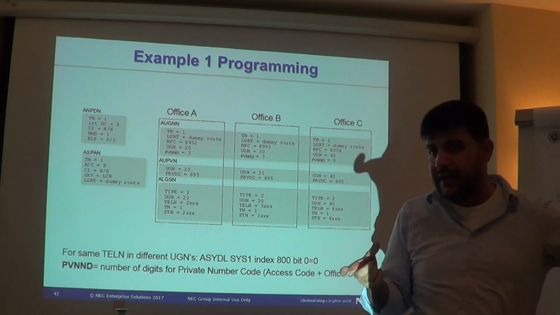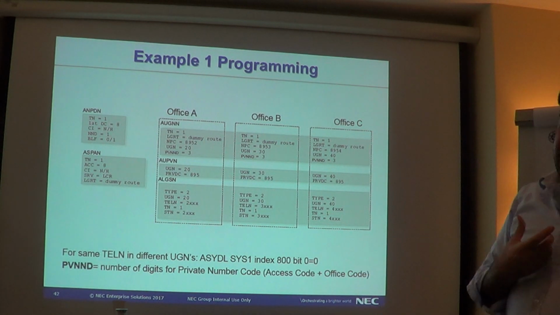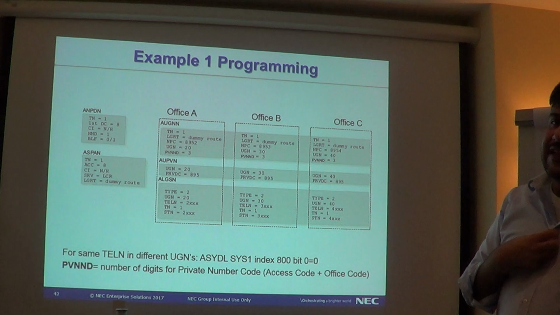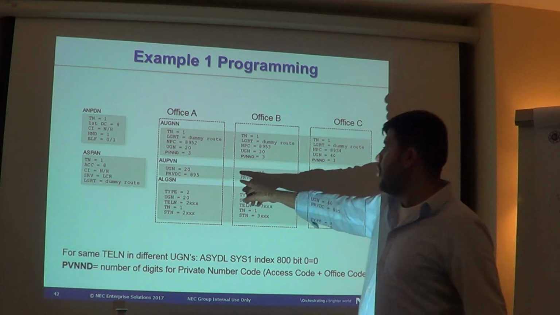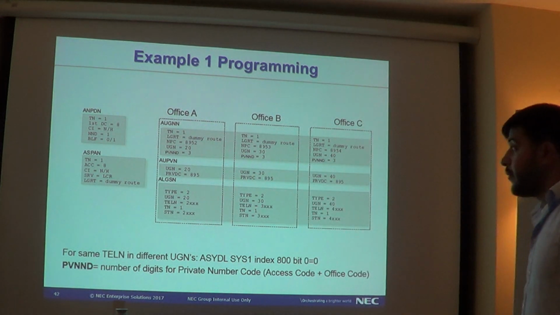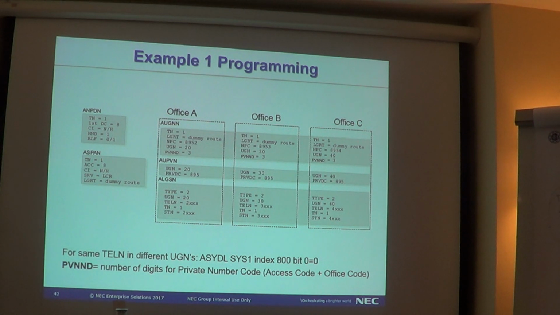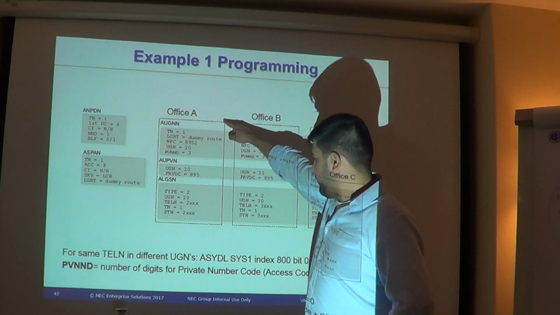What I did here is define that my area code and my access code is 895 for each and every user group. If you step back a little bit, what we did is drill down into each and every office. I will focus on this office specifically.